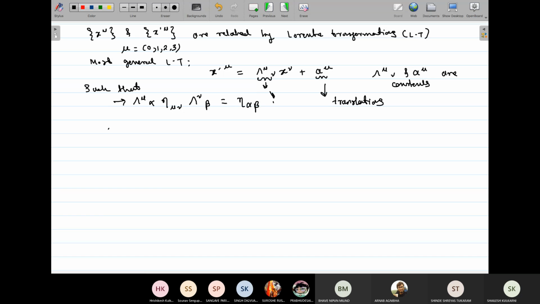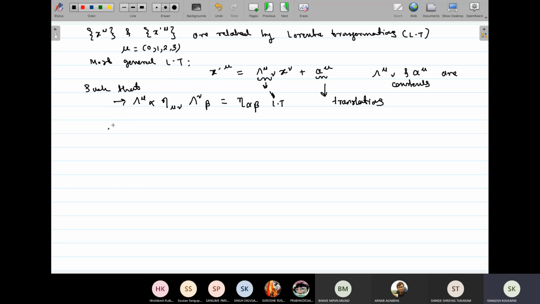This is the most general Lorentz transformation, although I should not call all of this Lorentz transformation, because the lambda part is the actual Lorentz transformation and the a part represents translations. If you want a different name, you can say these are inhomogeneous Lorentz transformations.